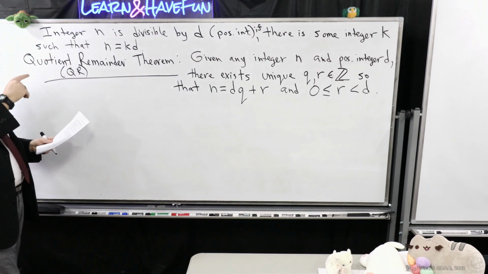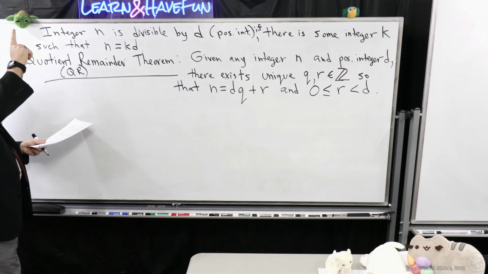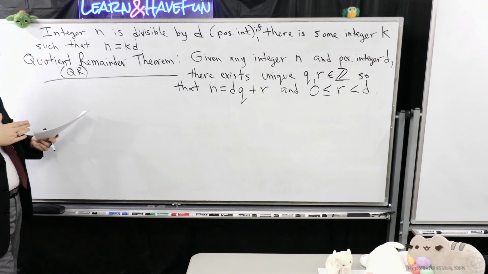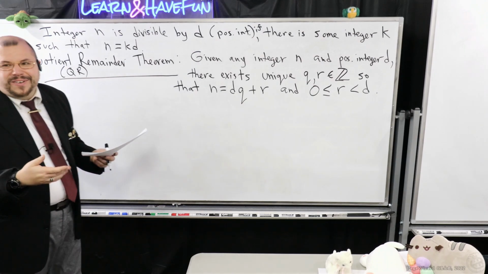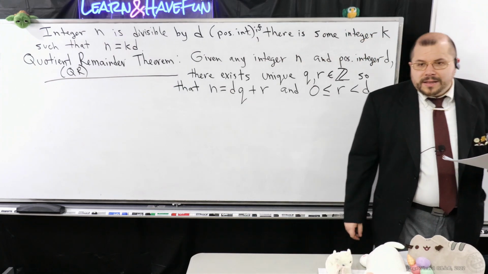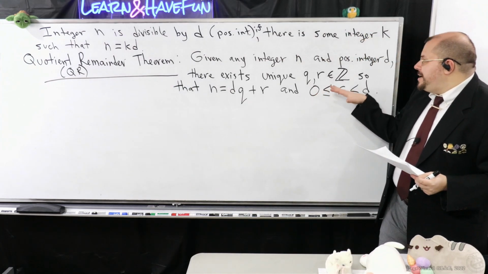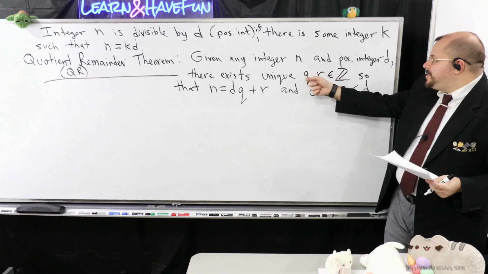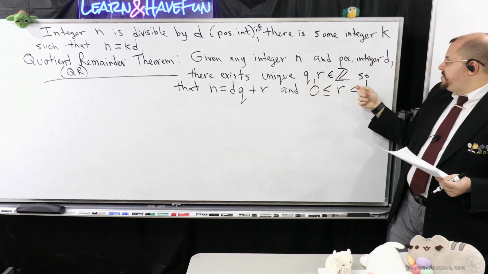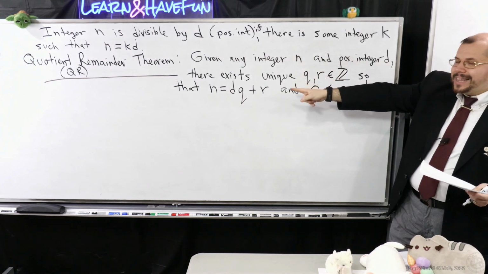Keep in mind that we're putting this in the context of us talking about divisibility. So if I give you n and I give you a number, for example, to divide by, d, the idea is that I have two unique, determined from n and d, two unique q and r, so that you could rewrite n like this.